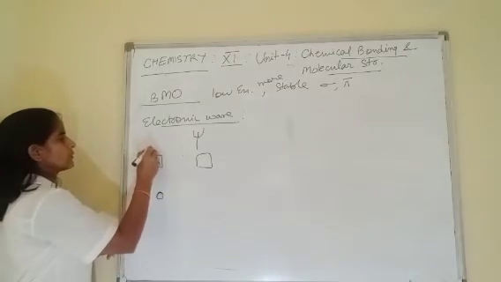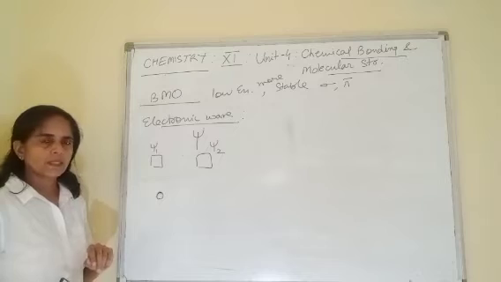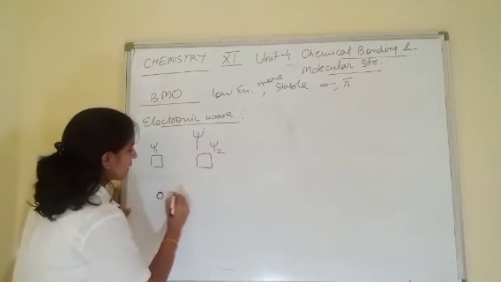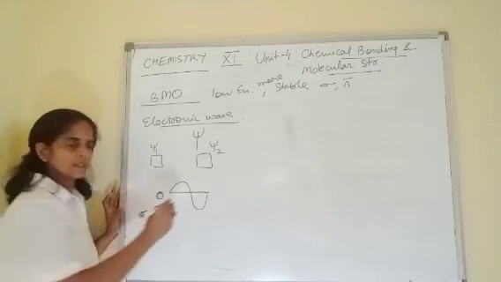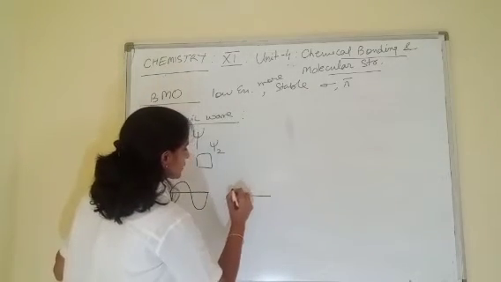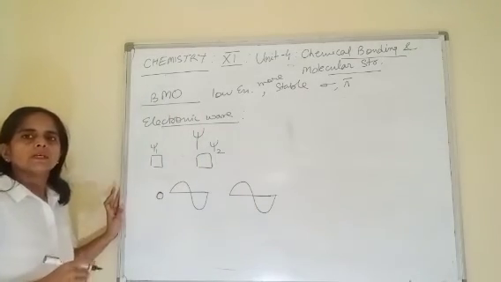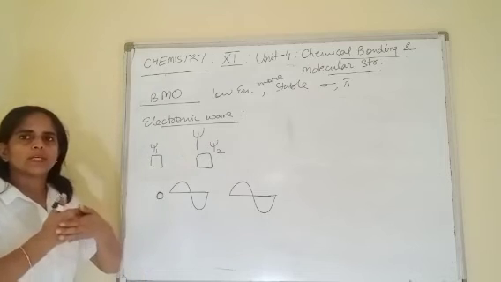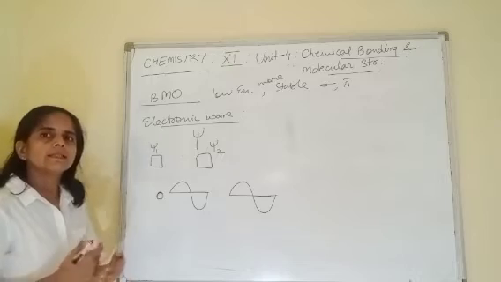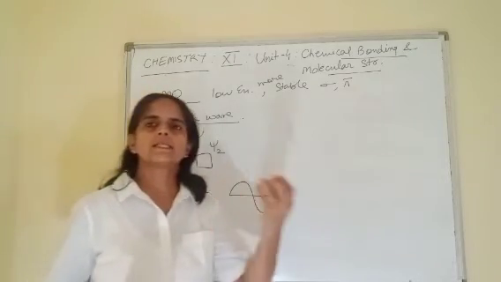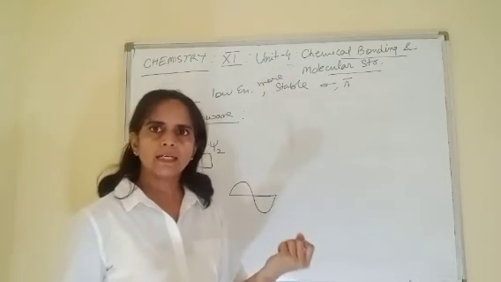So let us say we have these two atomic orbitals, which will be giving us molecular orbitals. The first we may write as psi 1, the second as psi 2. So let us say you have these two electronic waves. This is the first one and this is the second electronic wave. Now when these two electronic waves combine, we call it interference of waves. This interference can be constructive or it can be destructive. Clear?